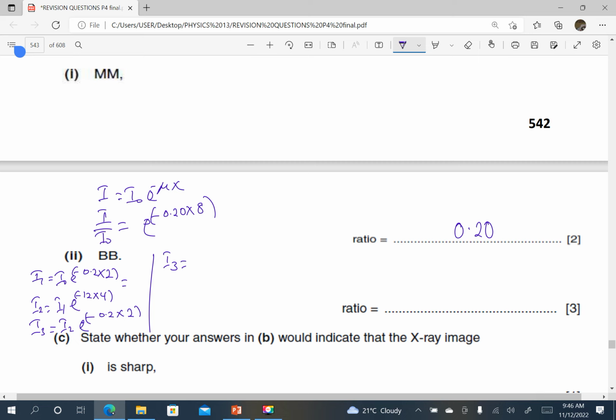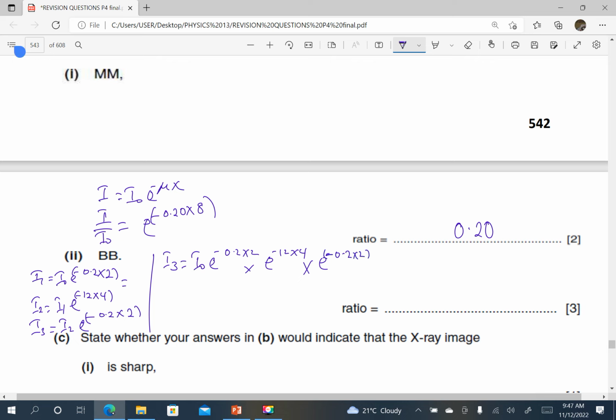So we have I naught e power negative 0.2 times 2, times e power negative 12 times 4, times e power negative 0.2 times again 2.